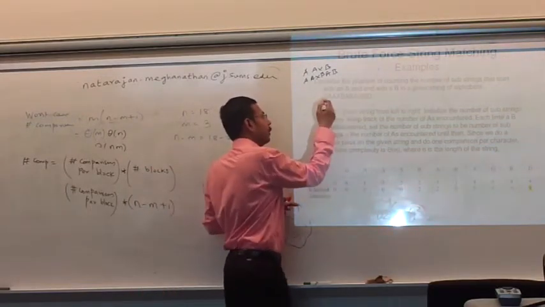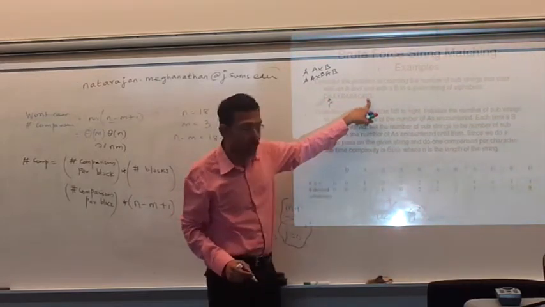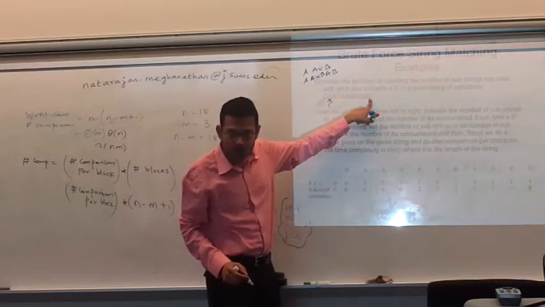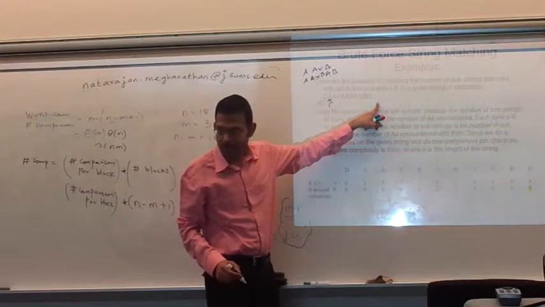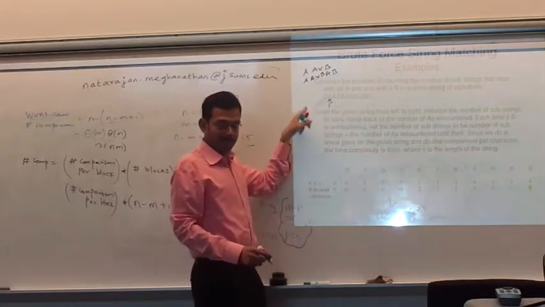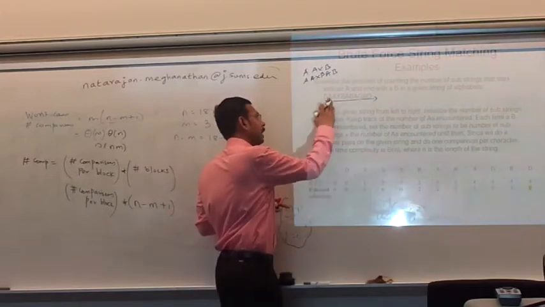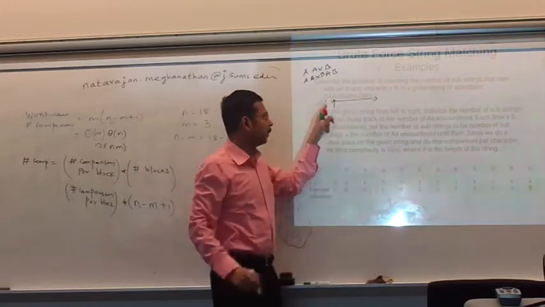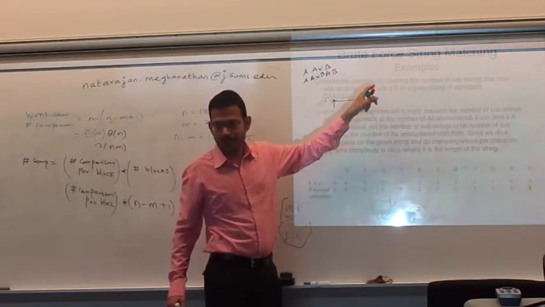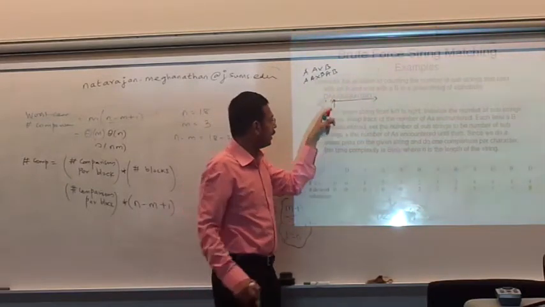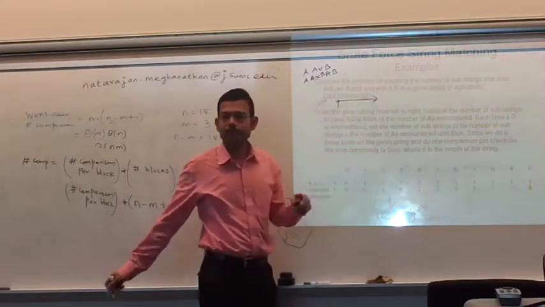Yeah, because remember what I did, I fixed my A here, and then I went over the entire string to find what starts with this A and counted the number of strings that end with the B. Then I came back. Then I started with the next A, and went over the rest of the string once, and then I came back, moved to the next one, and went over again.